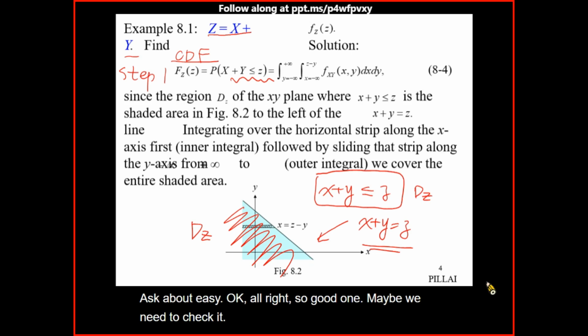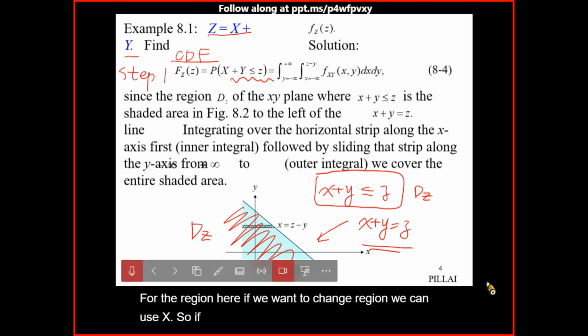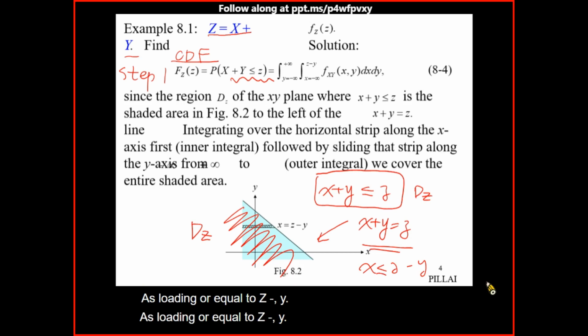So the region here, if we want to check the region, we can use X lower than or equal to Z minus Y. That says X, using this line, should be the left-hand side, not the right-hand side.